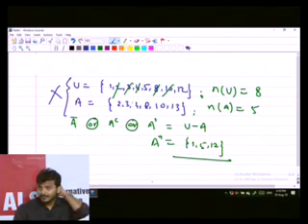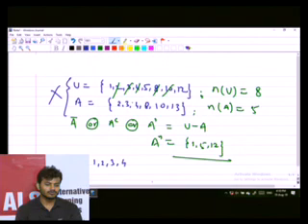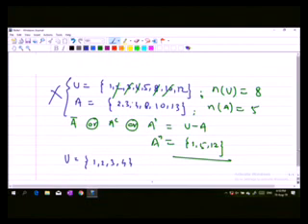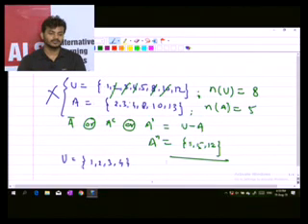Just got it, very good. And you must also understand this part: you cannot define it this way. If U is given as 1, 2, 3, 4, you cannot take this A as such. I hope you're getting my point. This 13 is not there, so you cannot take it.